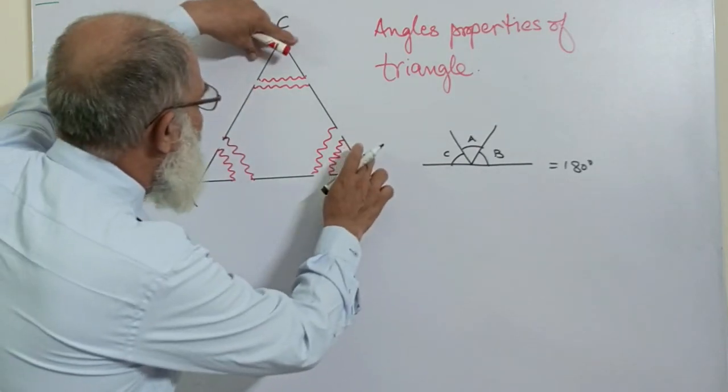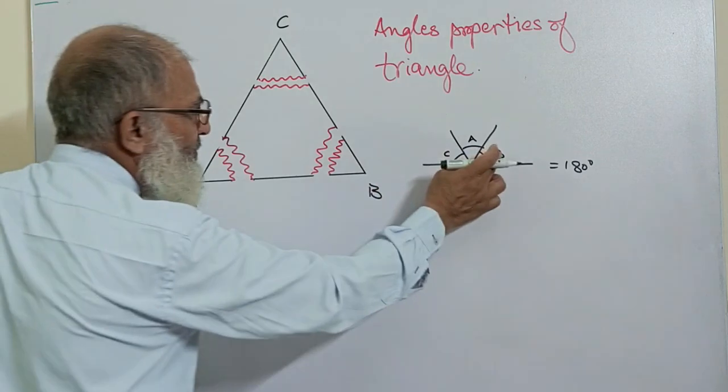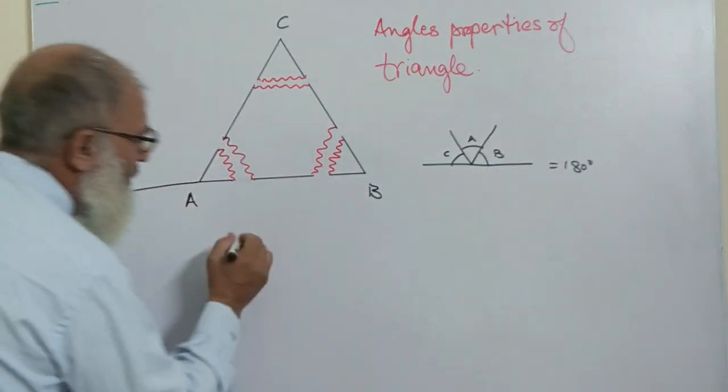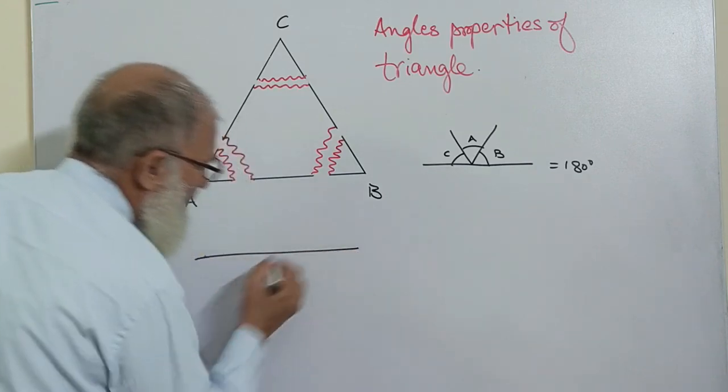Then this angle B and this angle C. Now this angle B will lie over here. Now the position of the figure will be like this.